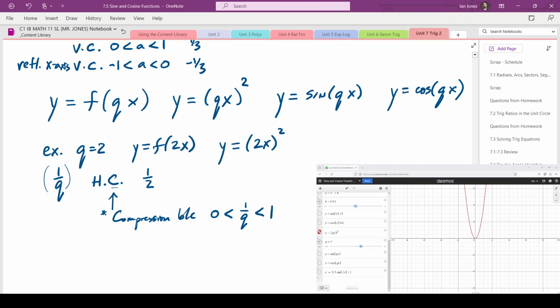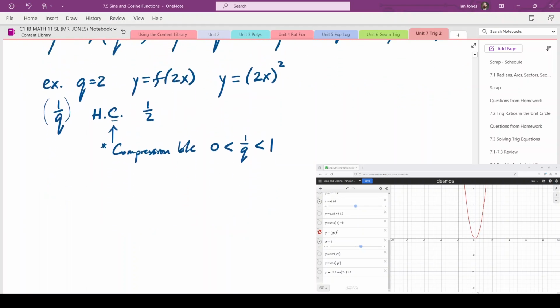The value of 2 for q, you always have to take the reciprocal to see what the effect is going to be. Okay, a little bit frozen here. There we go.